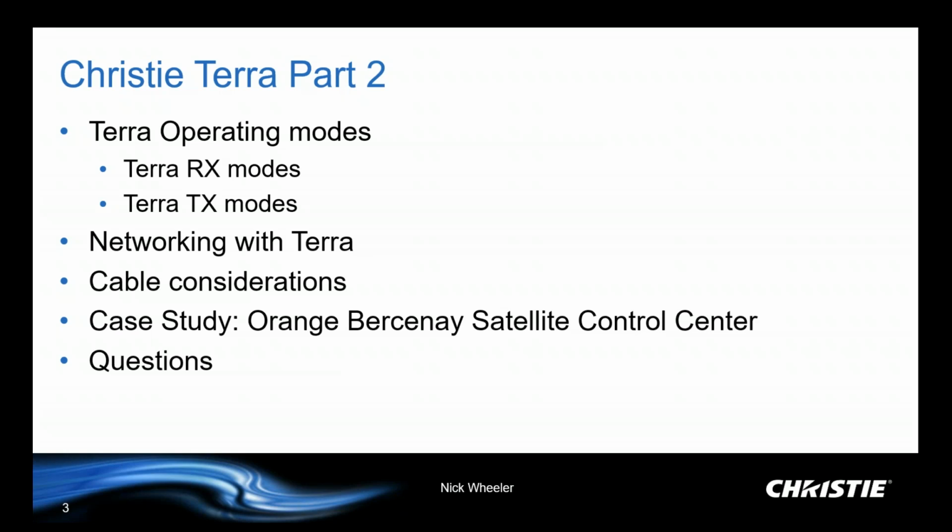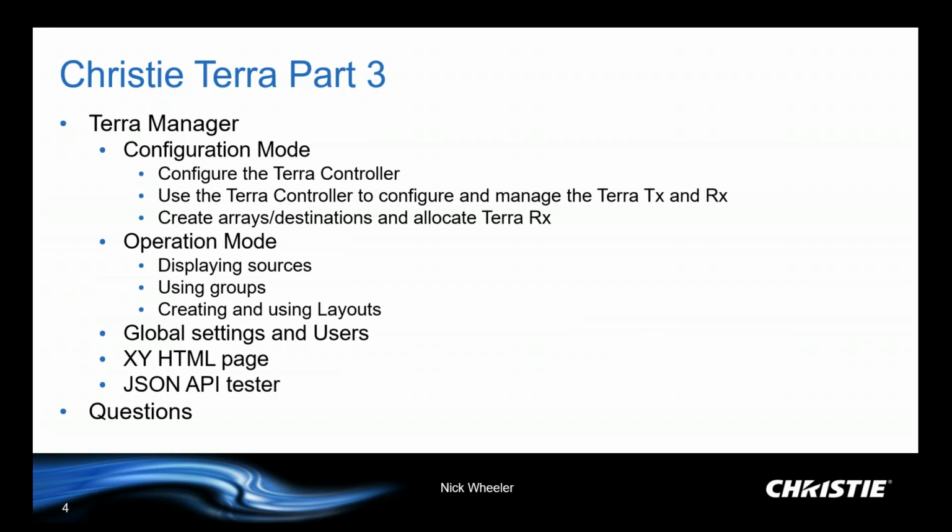And today, part 3, we're going to go into the Terra Manager. That's the software that's used to control the Terra controller, control the whole system actually, configure and use it. So we'll go through the configuration mode, how you set the system up, and the operation mode, how to use it, to display sources on destinations and so on.